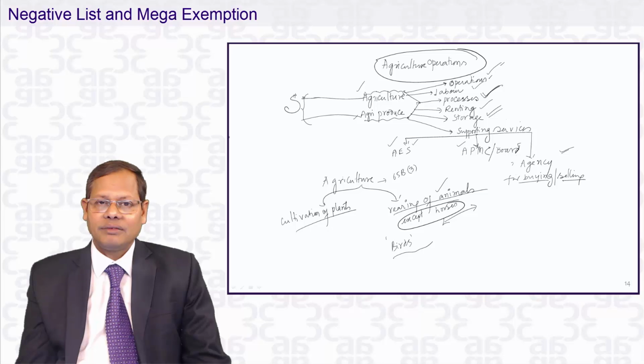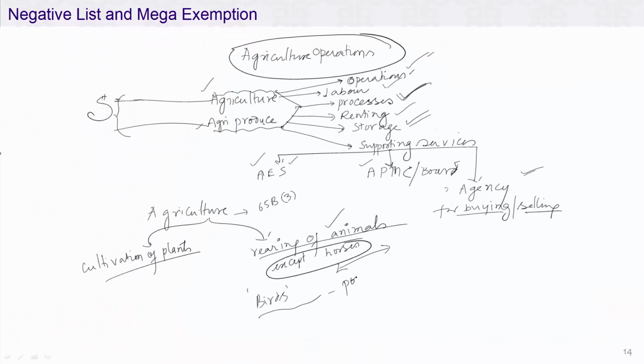For example, a dairy farm relates to animals. Suppose there is a poultry farm. The poultry farm specifically is meant for birds. The poultry are birds, not animals. So what to do with this?